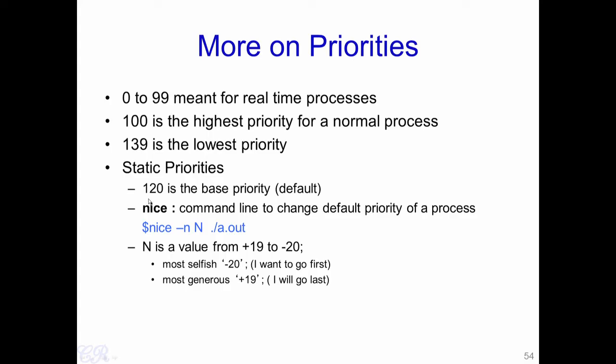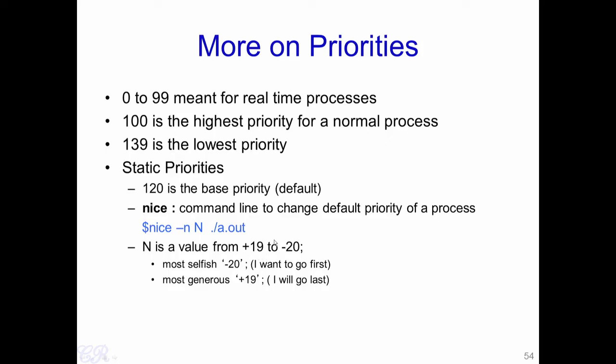Now, you could change this base priority by using the command called nice. The nice command is used to change the default priority of the process from 120 to something else. The command would look something like this: nice -n N ./a.out, where the capital N can take a value from plus 19 to minus 20.